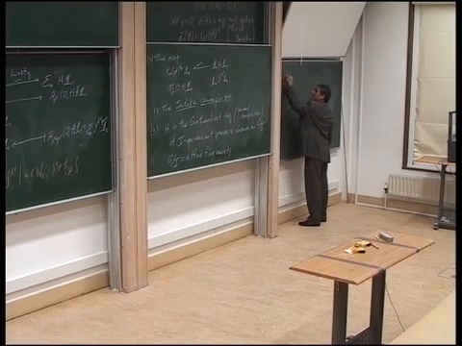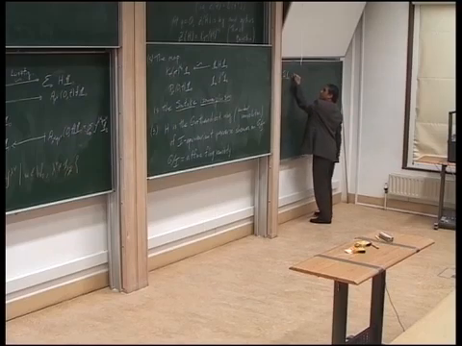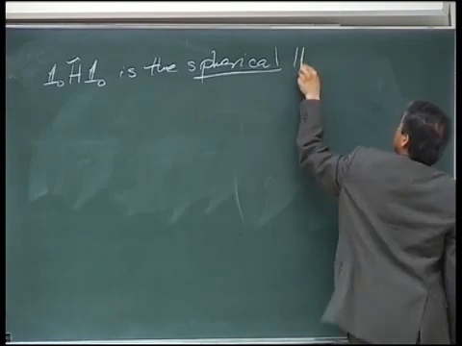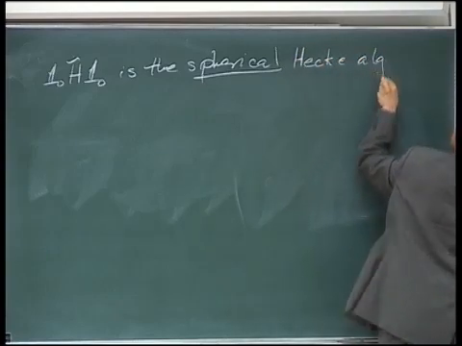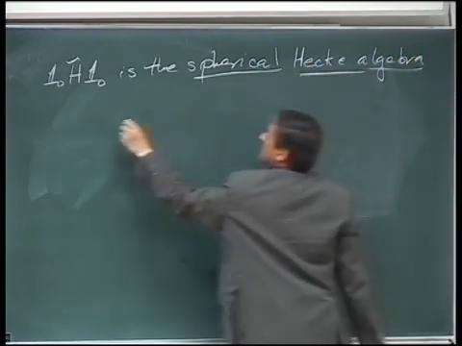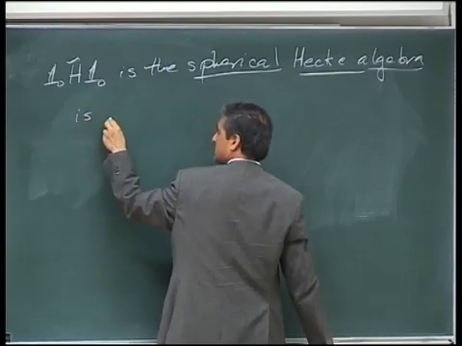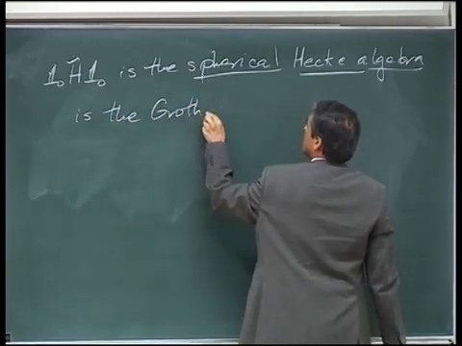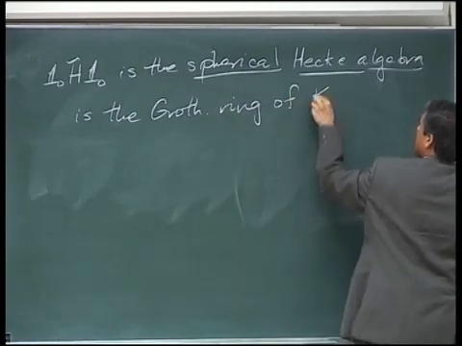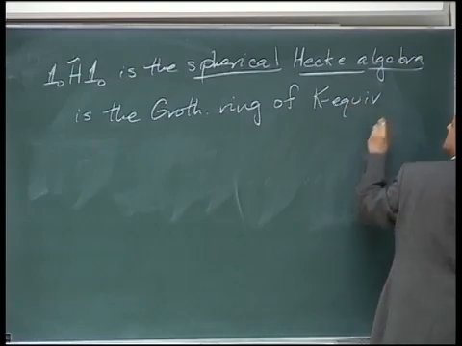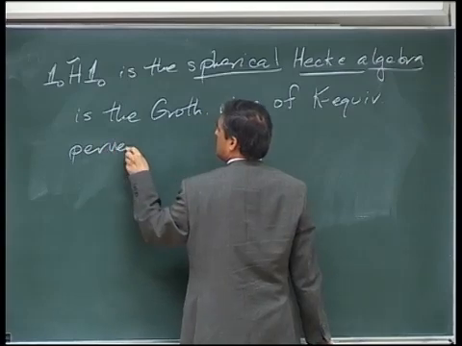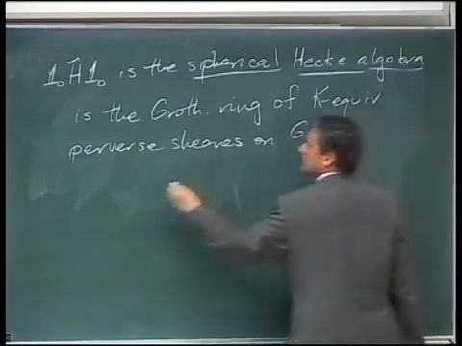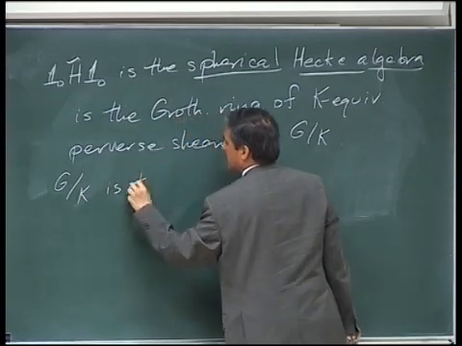And the spherical Hecke algebra, as it is sometimes called, is isomorphic to the Grothendieck ring of K equivariant perverse sheaves on G mod K, where G mod K is the loop Grassmannian.